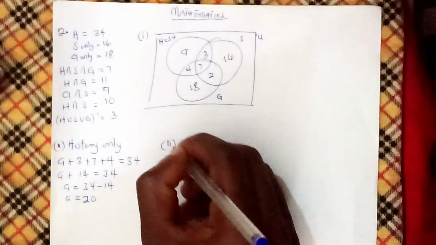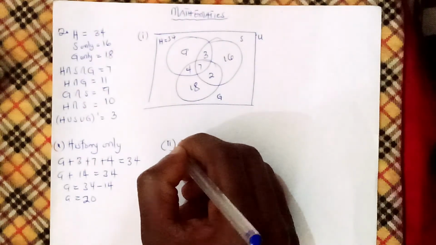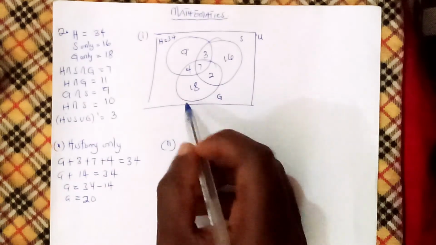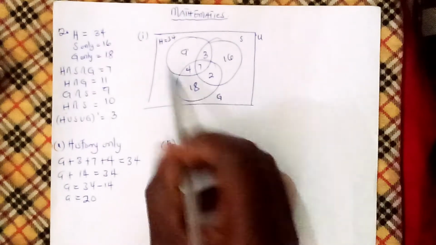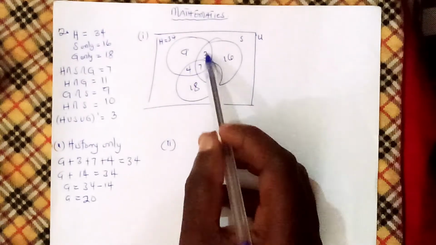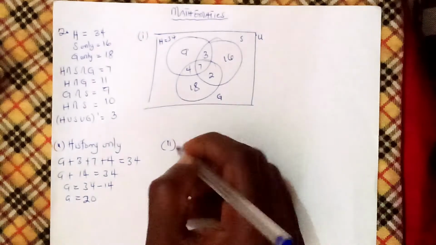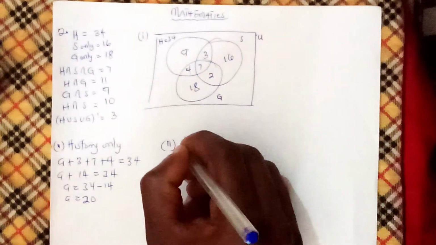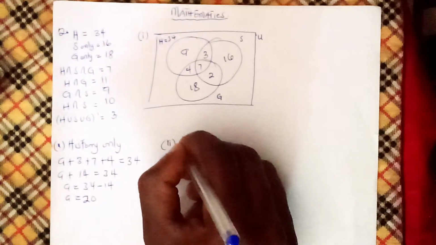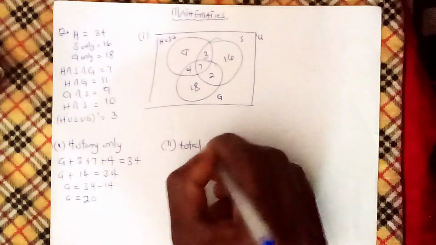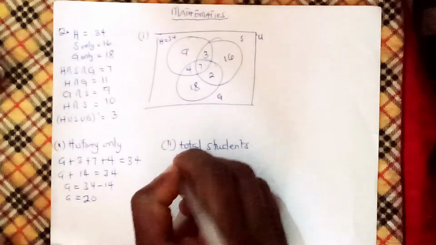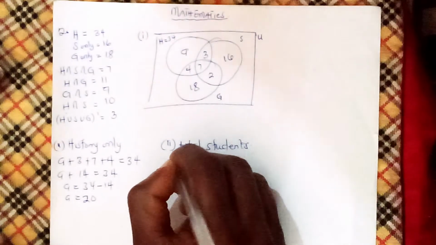In the next part, we are asked to find the number of students that are in the group. That means we have to add all the members in the group. So we add A, 4, 7, 3, 16, 2, and 18 to get the universal set. A was found to be 20.